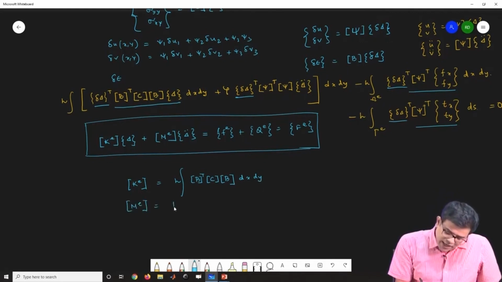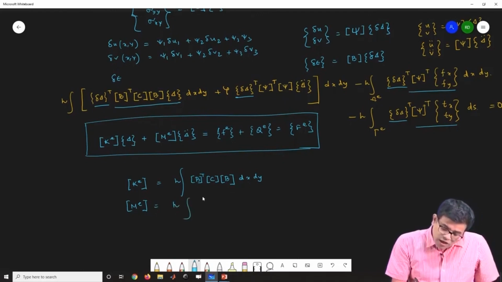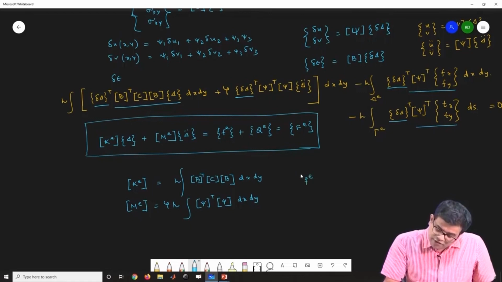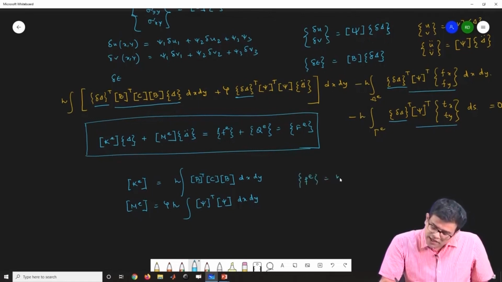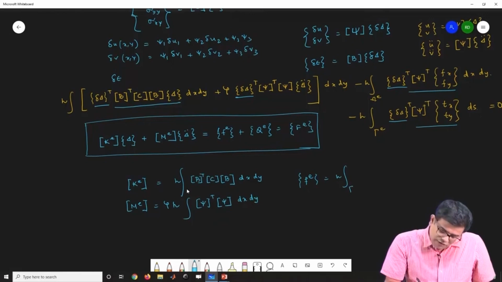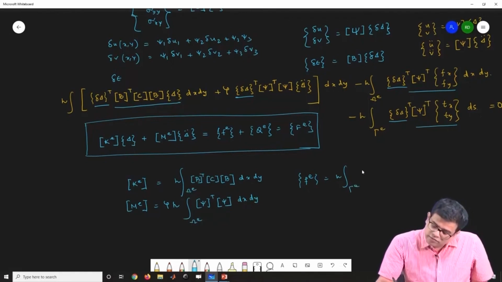ME matrix will be H times the integral of psi transpose psi. There will be rho multiplied here, so rho psi transpose psi dx dy. And what is my F matrix? The Fe vector, which is H times the integral over, these are volume integrals, right?